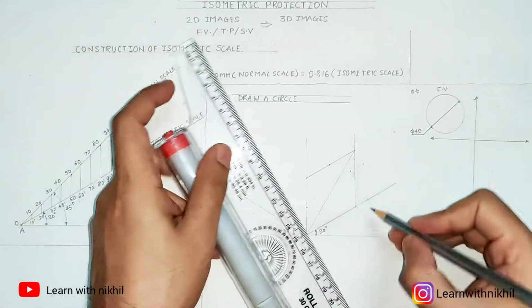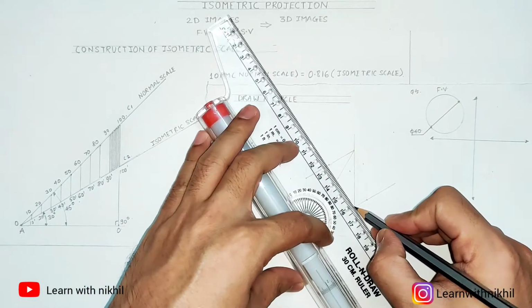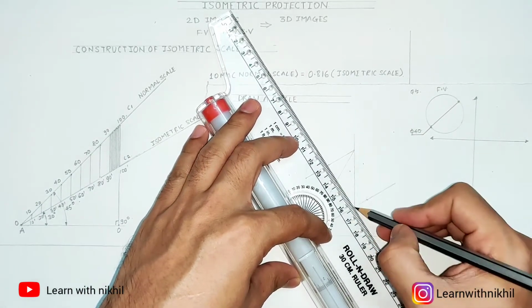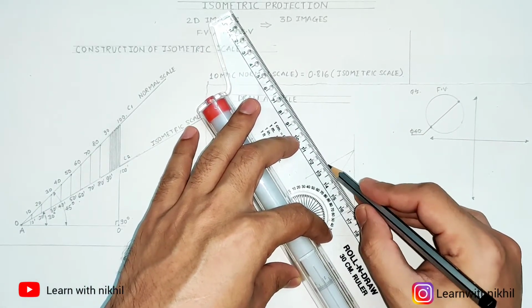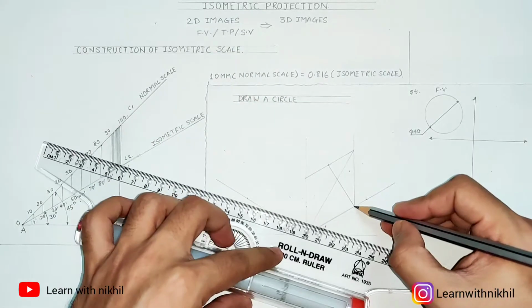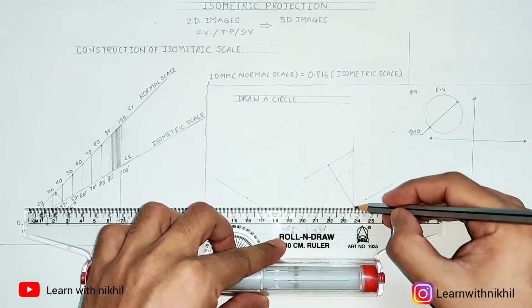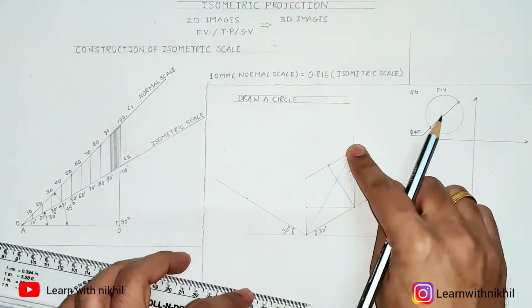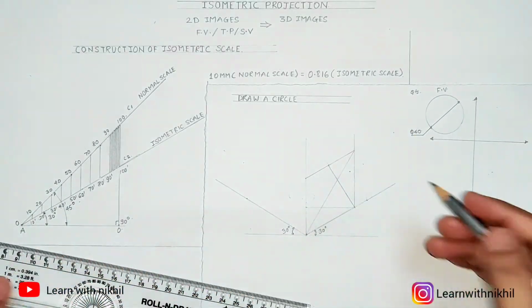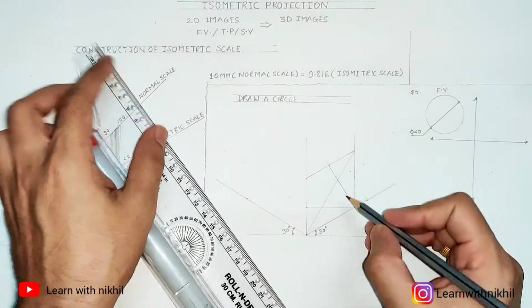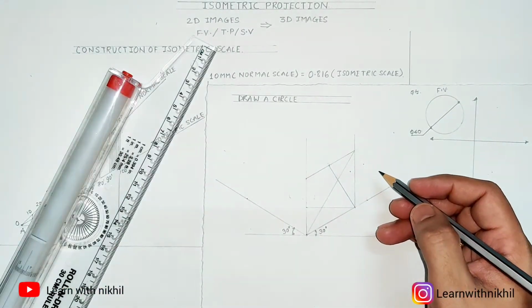Now from the opposite end, join or extend till the midpoint. So extending till this line and joining this. This is done. Now next, finding the midpoint of the remaining two lines.